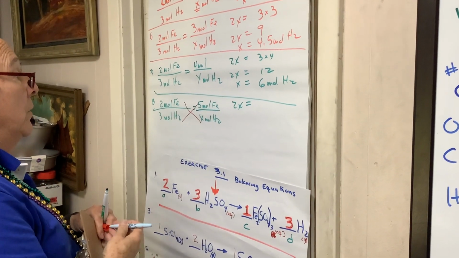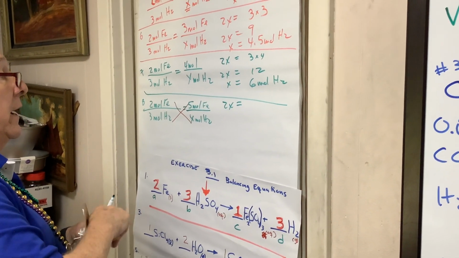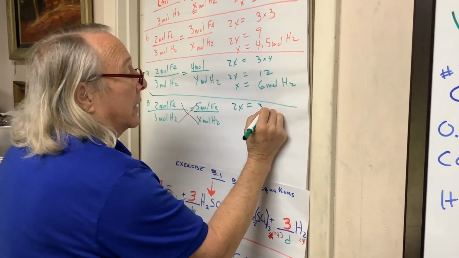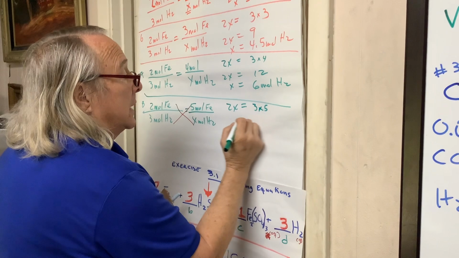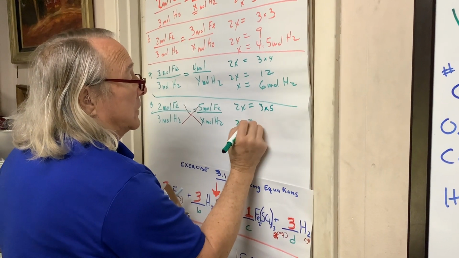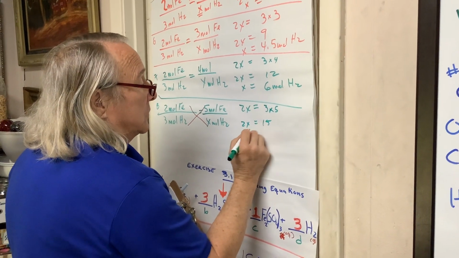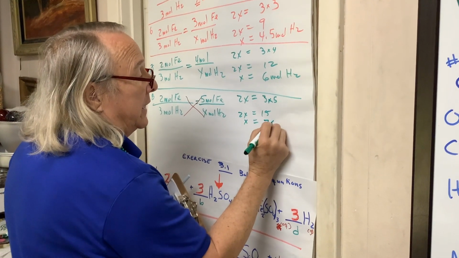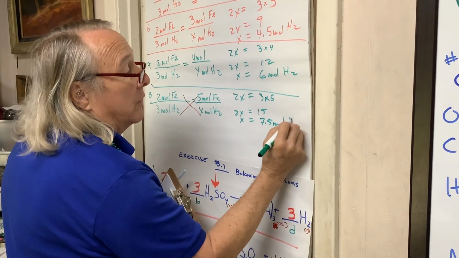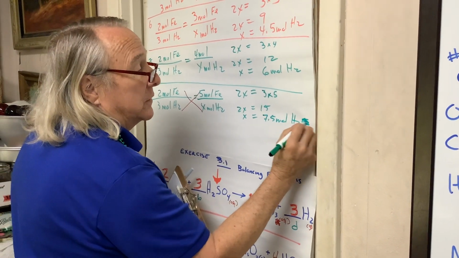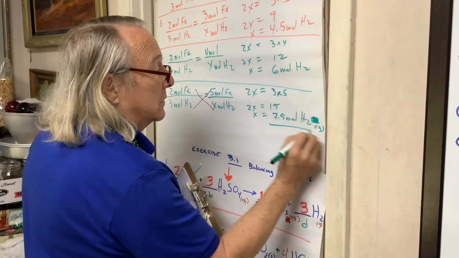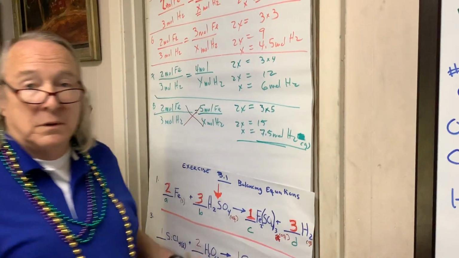So 3 times 5, and that means 2x equals 15. So in this case, x equals 7.5 mole of hydrogen. That's your answer. Not H2O, just hydrogen gas. There's the answer.